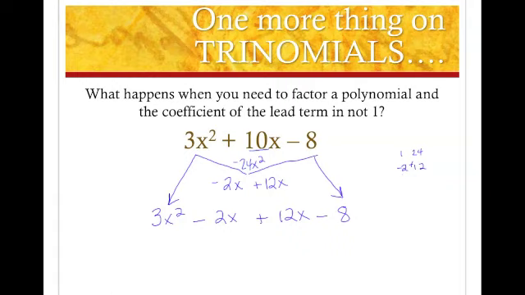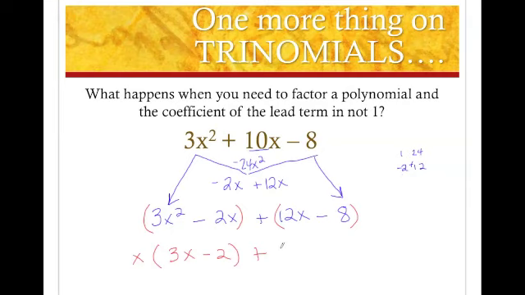Now it's time to use factor by grouping. Again, I will group my first two and my last two terms and pull out the greatest common factor of each. And it doesn't matter if I had put my 2x first or my 12x.